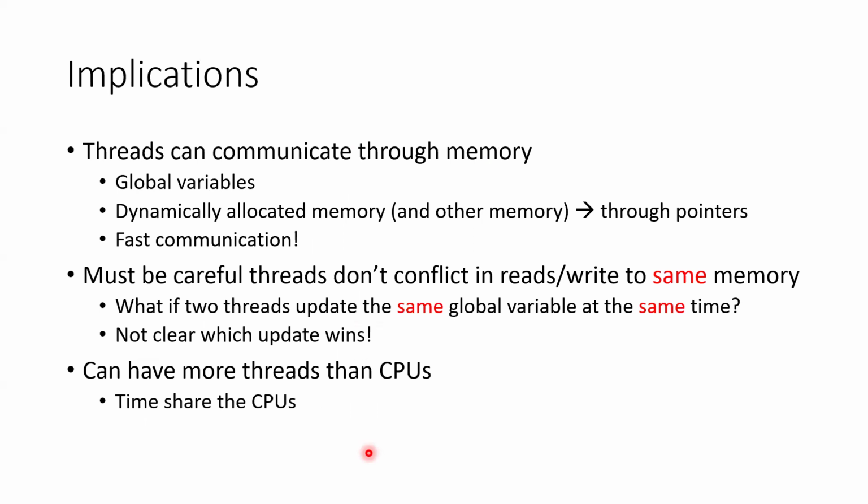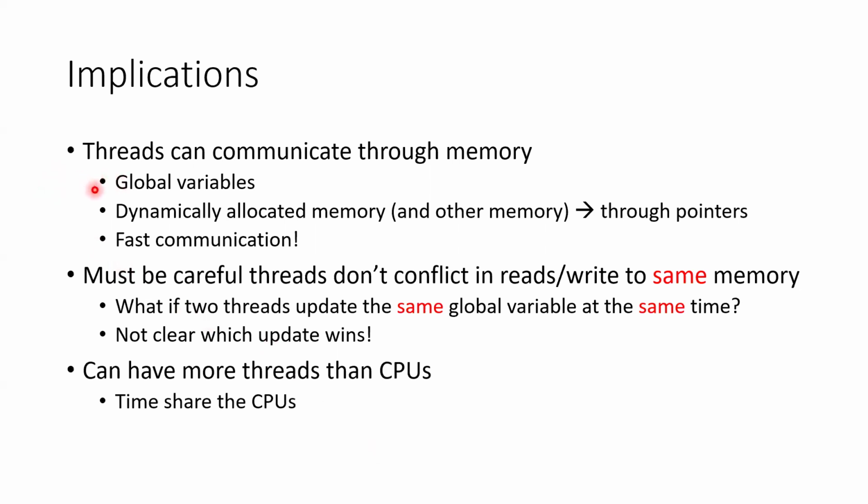Some implications: threads can communicate through memory. If the threads are designed properly to communicate, then when one of the threads modifies something in the memory, the other threads should know. And the other threads can get updated by just reading in the memory.